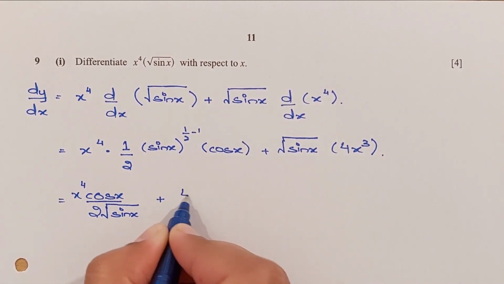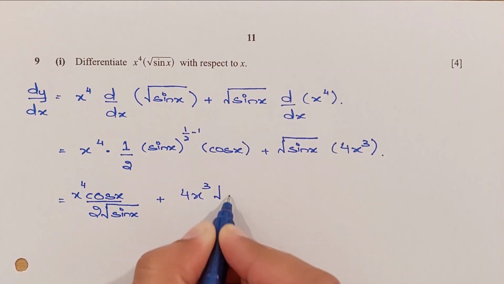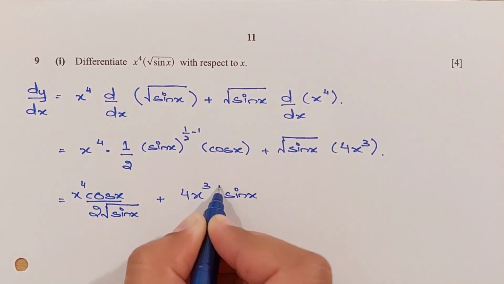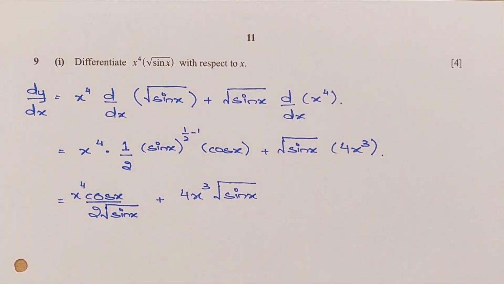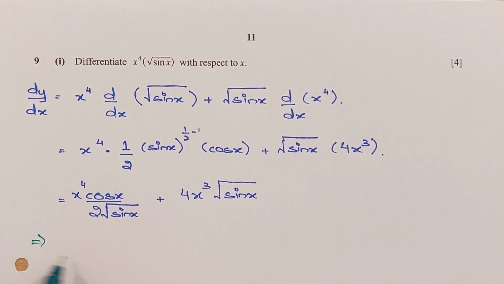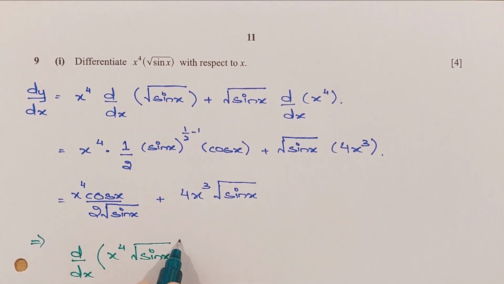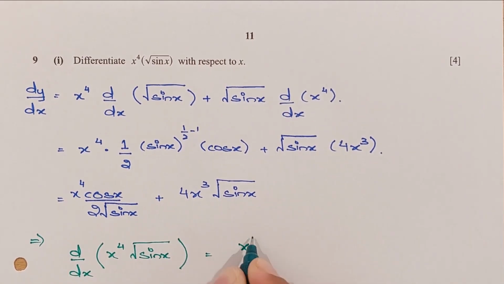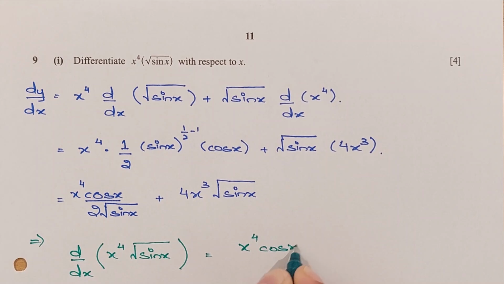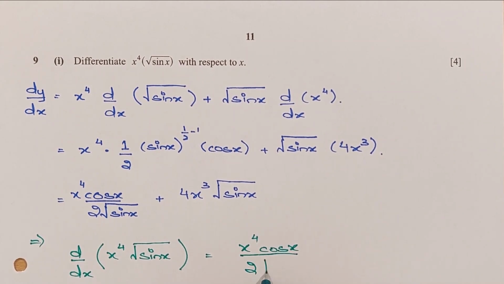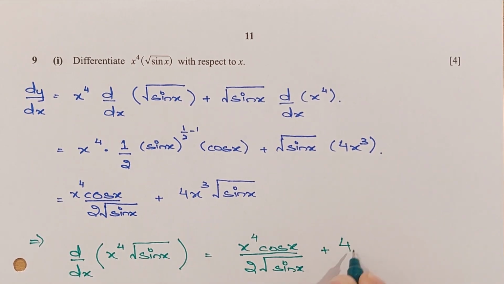And plus we have 4x cube and square root of sine x. So the answer is, we can say that d by dx of x power 4 square root of sine x is equal to x power 4 cos x divides 2 square root of sine x plus 4x cube square root of sine x.